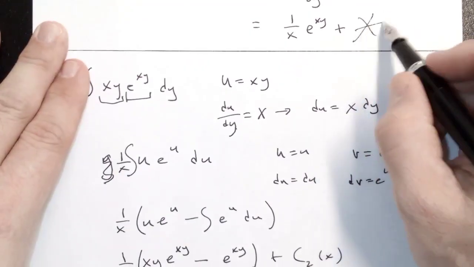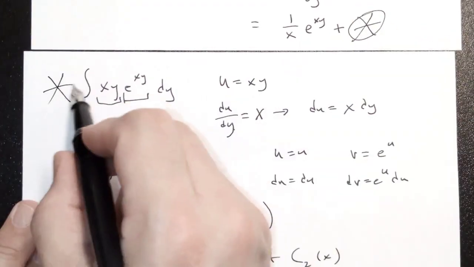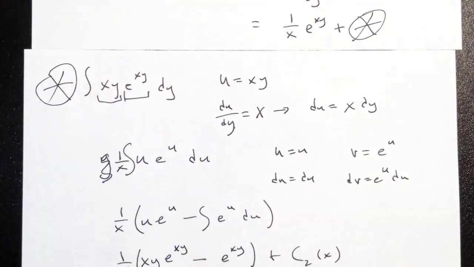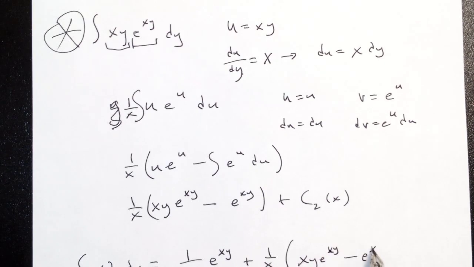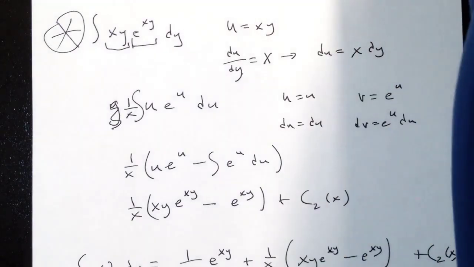That's this part here. So the integral of q dy is 1 over x e to the xy plus 1 over x times xy e to the xy minus e to the xy plus c2 of x.